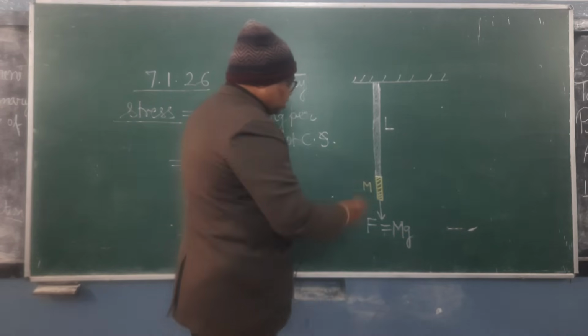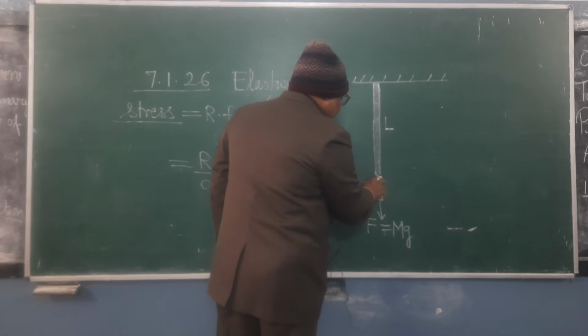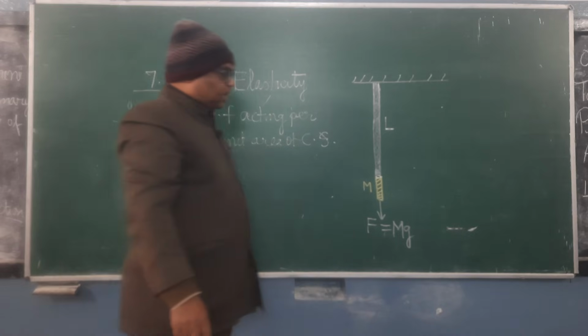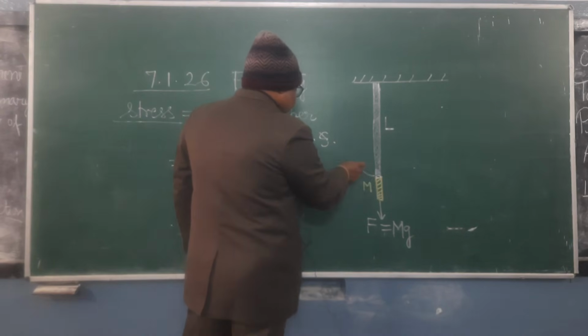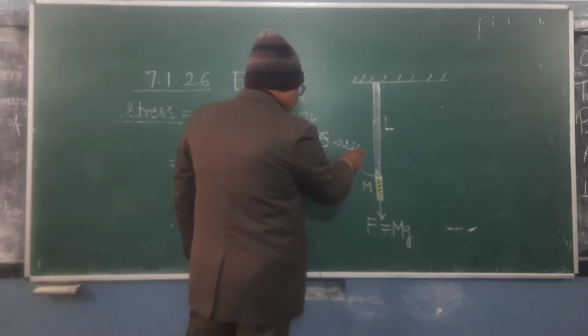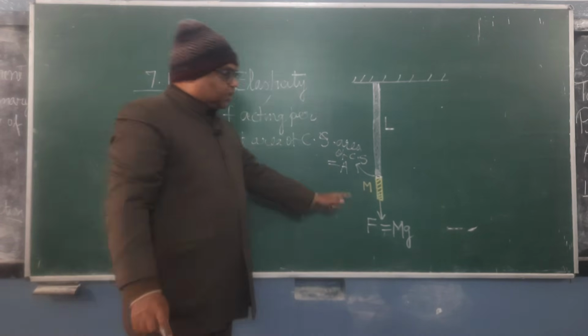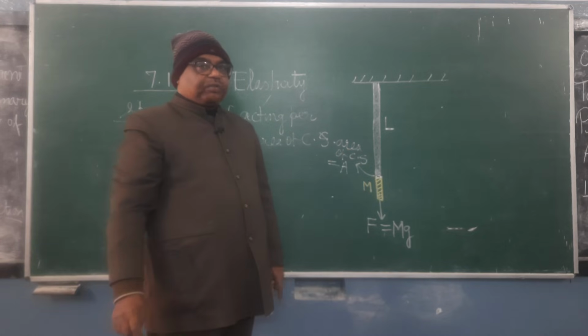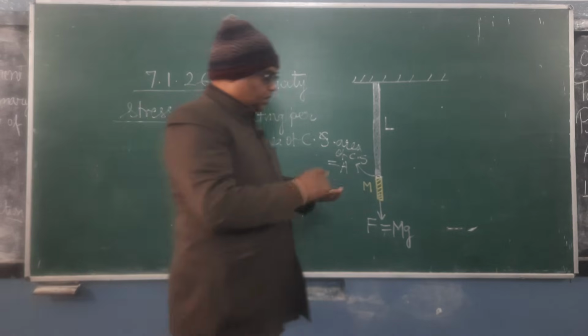It's clear. Now this force is acting on this cross section of the wire. Here you can take the area of cross section as A. So see here, because of this force which is acting as the deforming force, its length will be slightly increased.